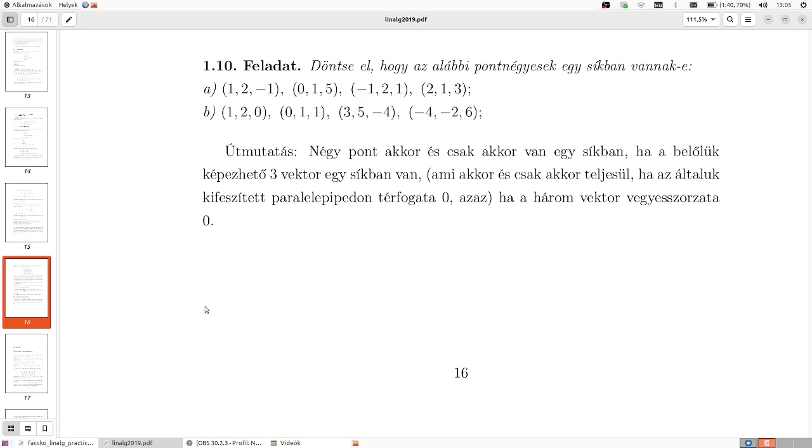We have 4 points. Okay, it would be logical to select the second, but because I often make mistakes, I select the first one. So these are points in the space.